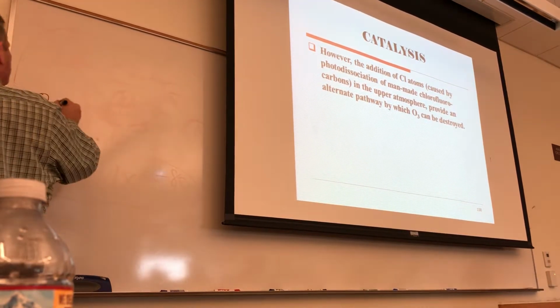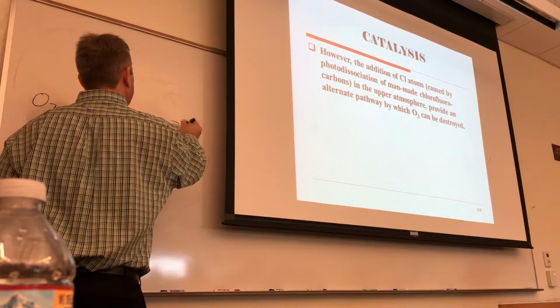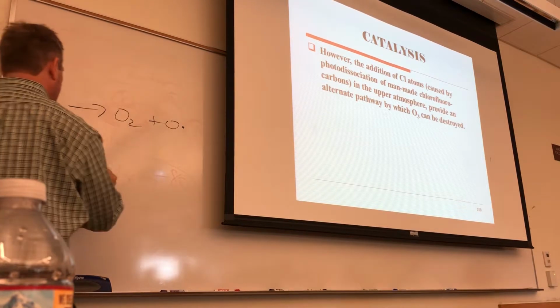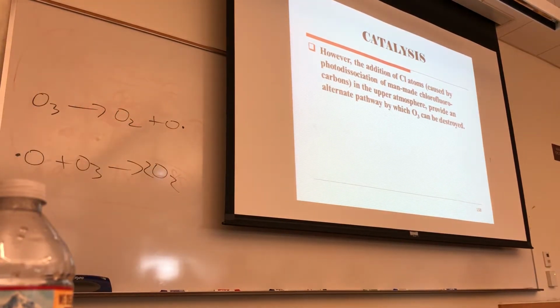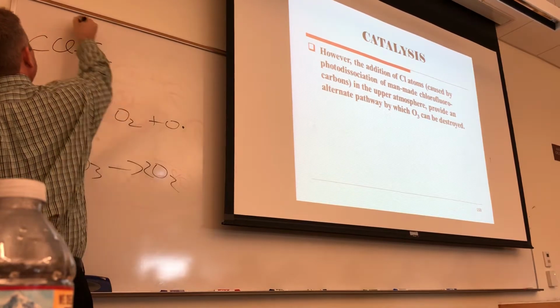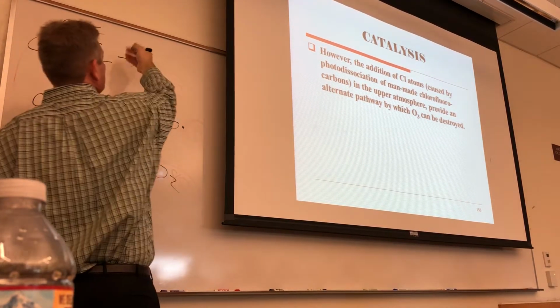So remember, O3 breaks down into O2 plus O, and I'm going to put the radical there, and then I end up with the O radical plus O3 forming O2, and there's two of those. That's what it was. So this is the rate limiting step. Now I have a CCl2F2. This is a CFC, and this goes through some UV light, by the way.